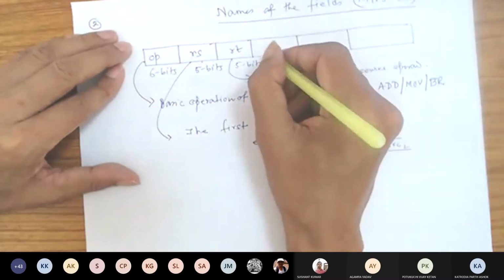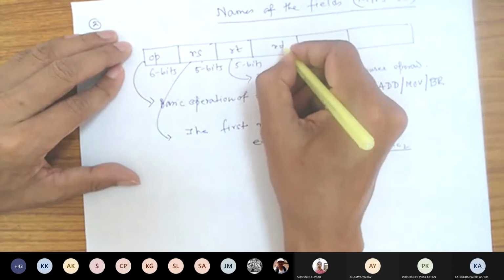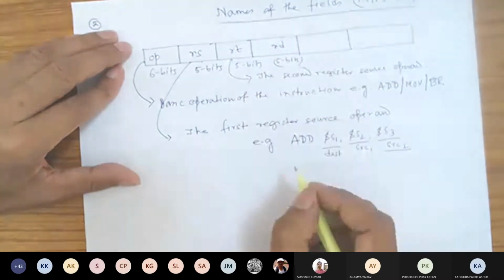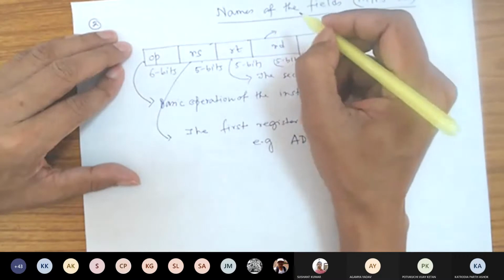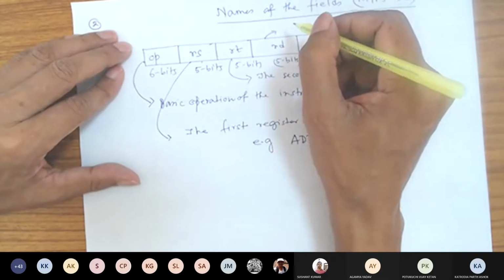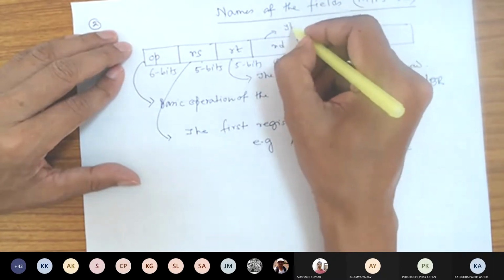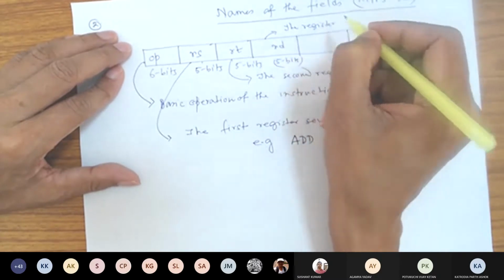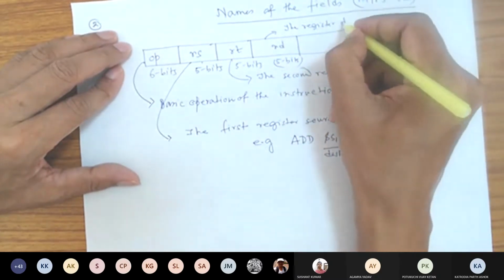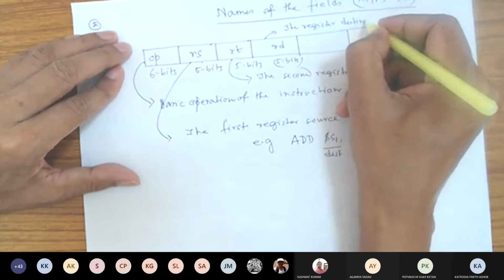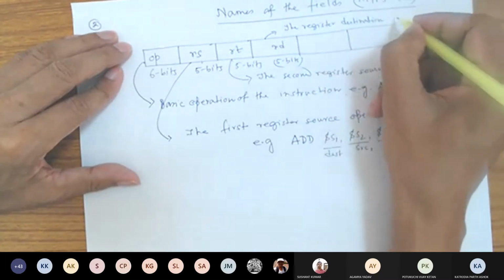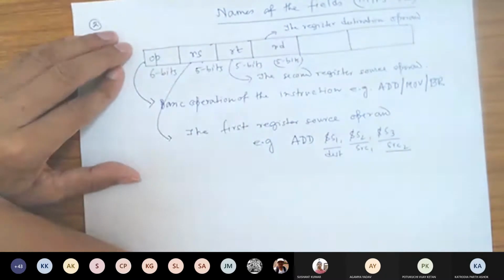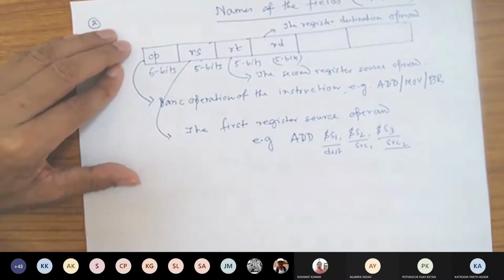The next field is RD. Again 5 bits. This is the register destination operand, where the result will be stored.